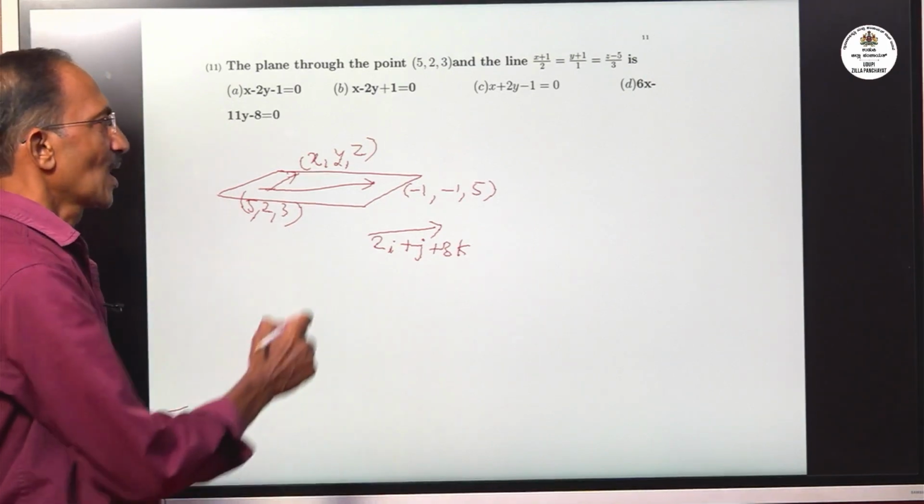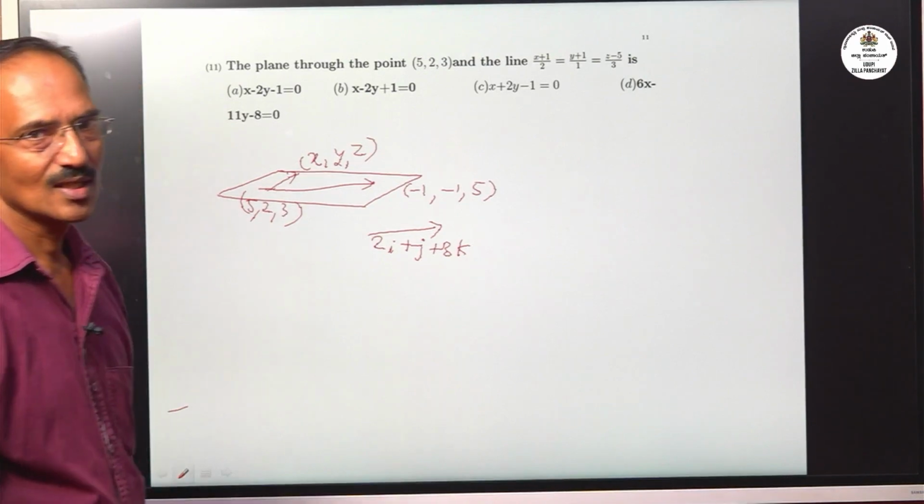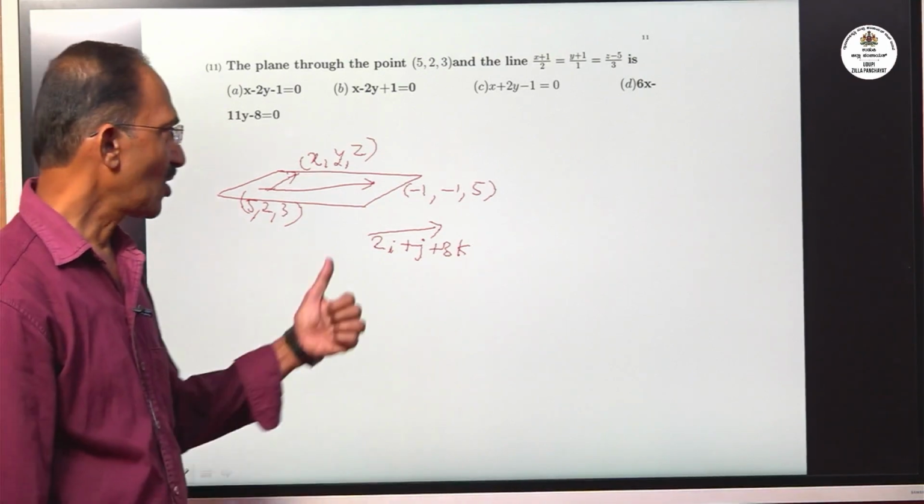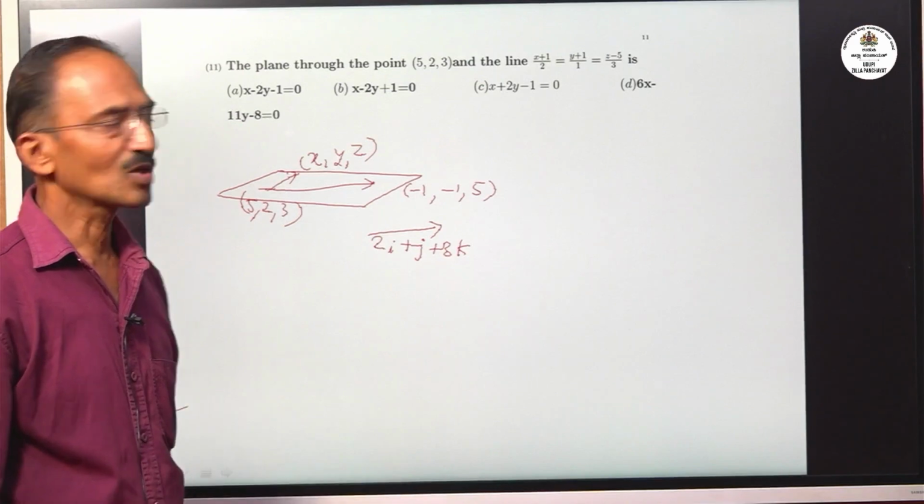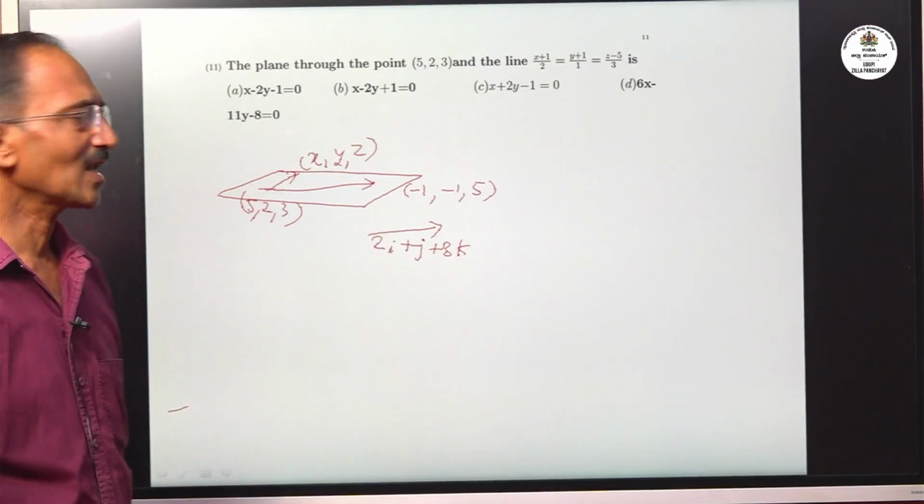So clearly the volume generated by the three vectors is equal to 0, because all three vectors lie on the plane.